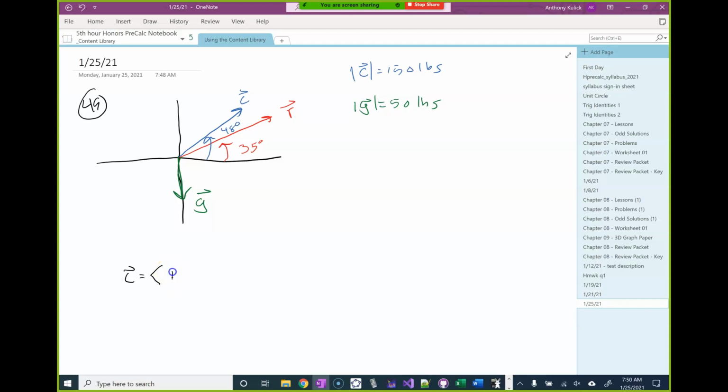So C is going to be 150 cosine 48, comma 150 sine 48. And then G is obviously just 0, negative 50, because it's just going straight down, right? So far, so good? Okay.